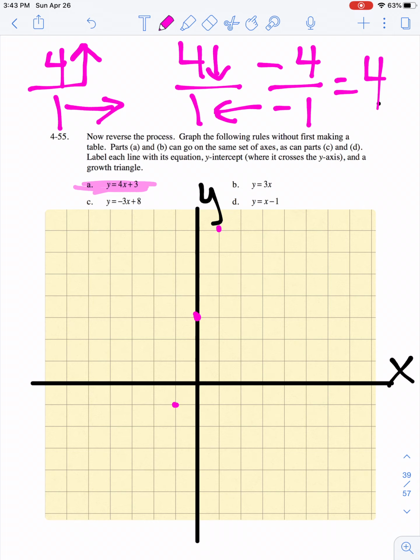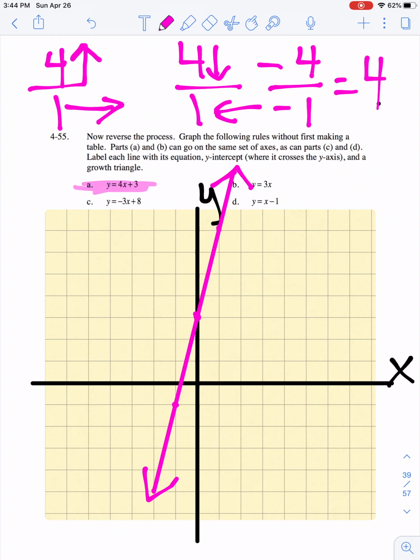The number of points we need to graph a line is 3. That usually gives us a good idea of our line. So I'm going to do my best to connect these and make a straight line. So that's the first one.